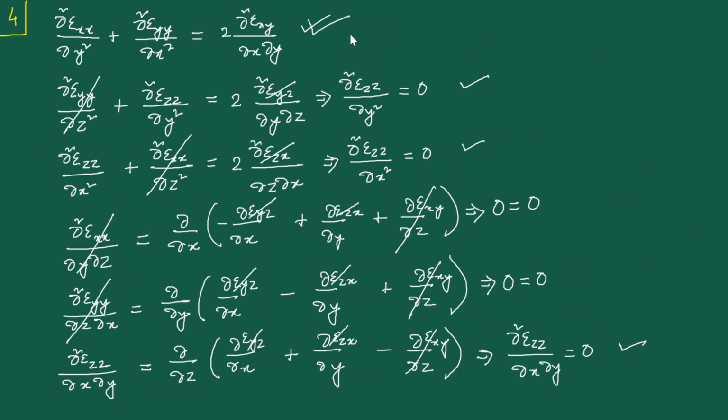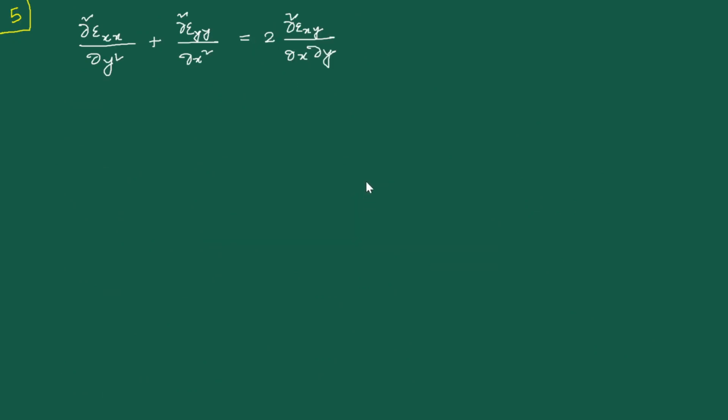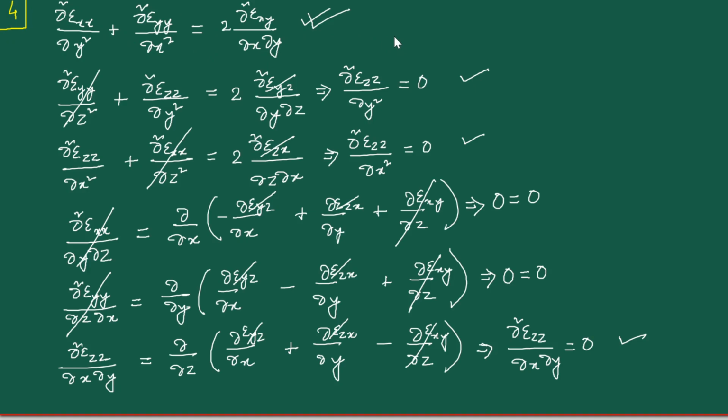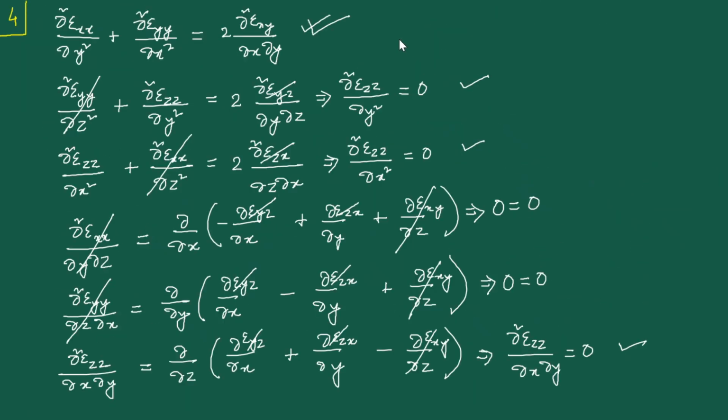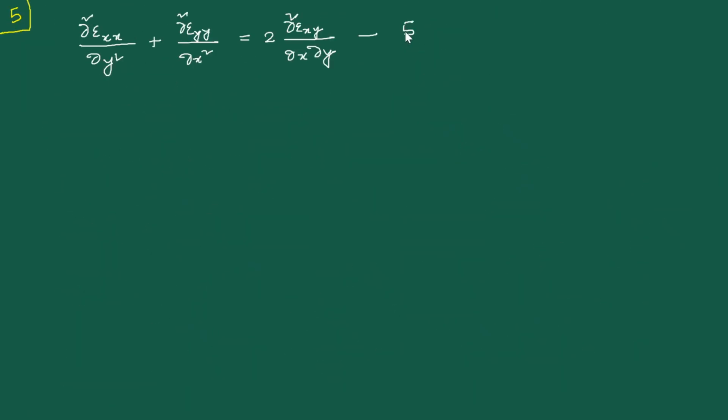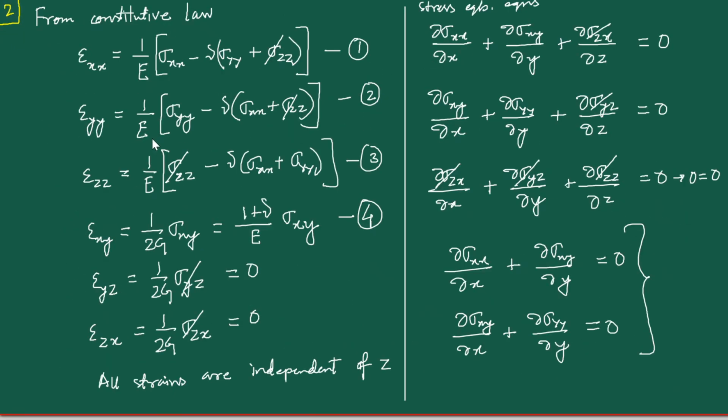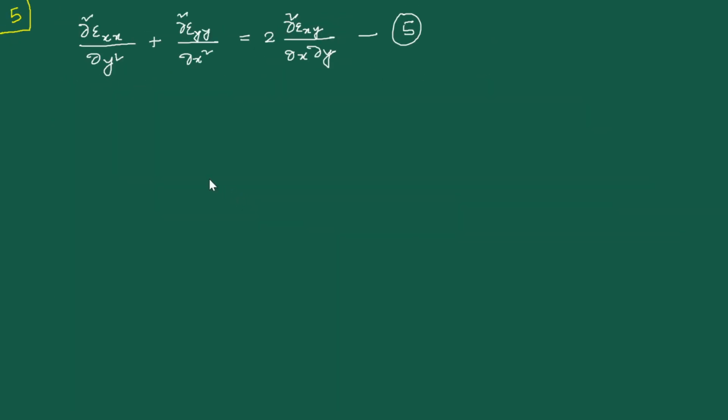Now let us come to this equation and call this equation number 5, since I stopped at 4. So what we are going to do is to substitute in equation number 5 the information that is present in equation numbers 1, 2 and 4.